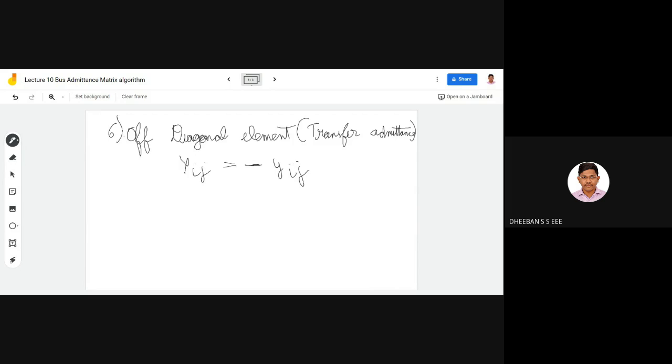Finally, form the Y bus in matrix format. So eighth will be stop. So this is the algorithm with respect to the formation of your Y bus. It is simple steps you can easily follow.